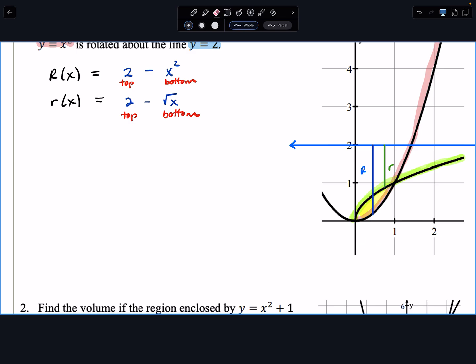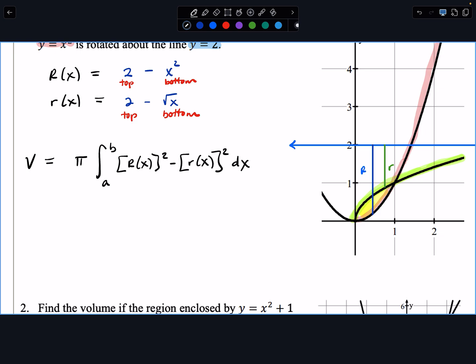Okay, so now let's integrate it. So volume is equal to pi times the integral of a to b of big R of x squared minus little r of x squared dx. So what are my bounds? 0 to 1, because the region starts at 0 and it looks like it closes up at 1.